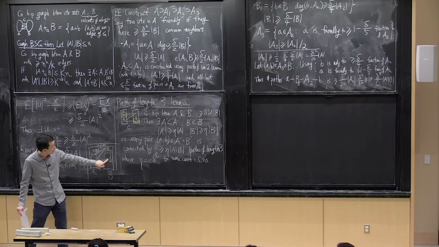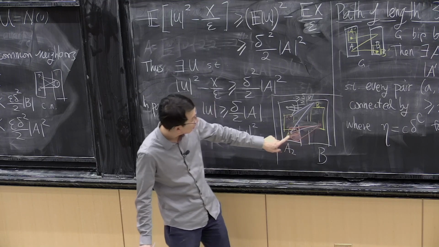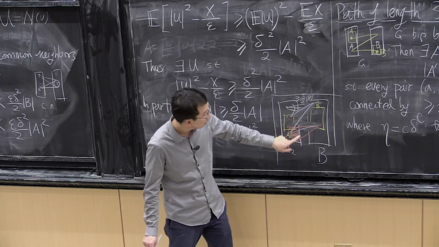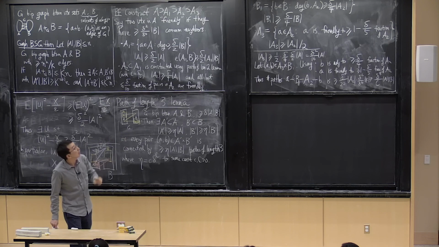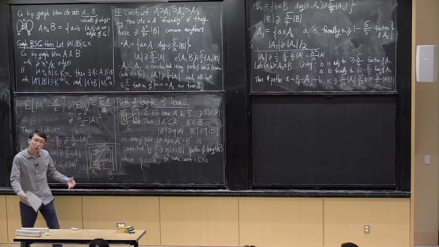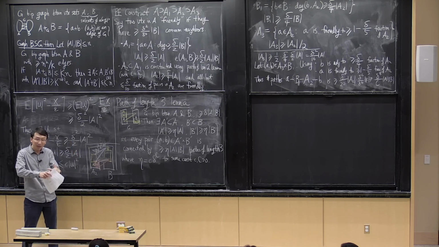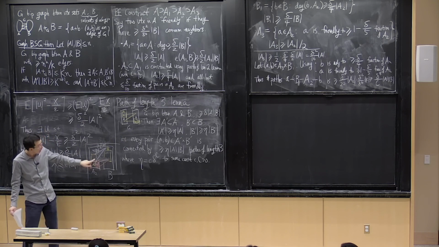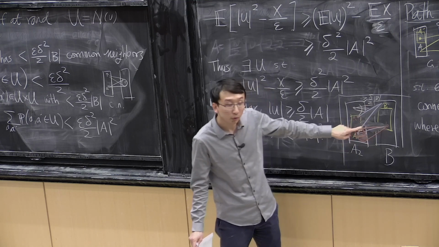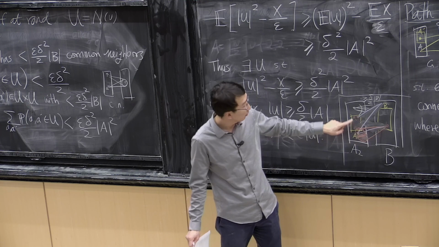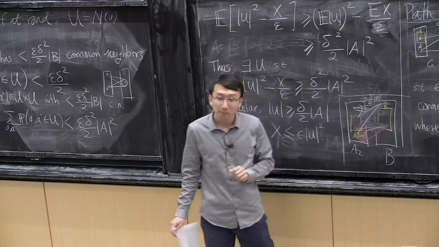Whereas every vertex in B1 has lots of neighbors in A2, where lots means at least delta over 4. So there's necessarily an overlap of at least delta over 20. And for that overlap, we can create lots of paths going through this overlap from A to B.